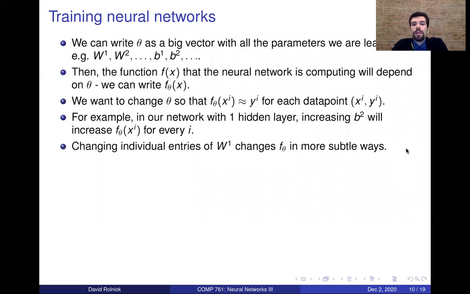Changing individual entries of a weight matrix is going to change the function in more subtle ways. But changing the individual weights is going to affect the function that's computed by the network, and that could be good, depending on how you want to fit your data. So again, we can change individual parameters within the network in order to fit our data better.